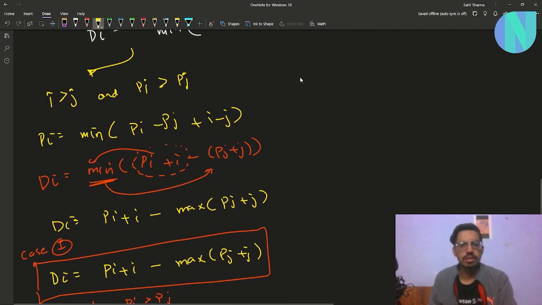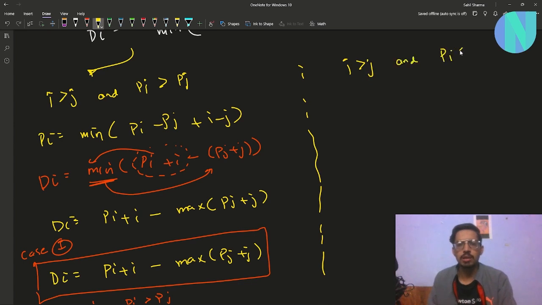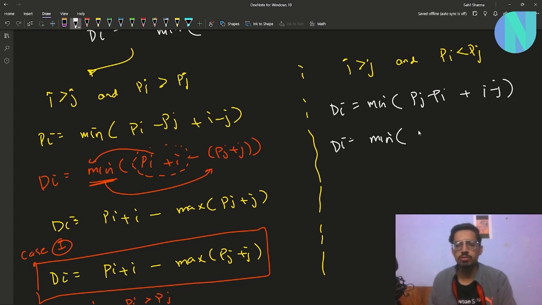Now let's move on to the second case. Let's say when your i is greater than j and your pi is less than pj, right? In this case, your di will become minimum of, with i greater than j, pj minus pi plus i minus j, right? So this will be di is equal to minimum of pj minus j minus pi minus i.